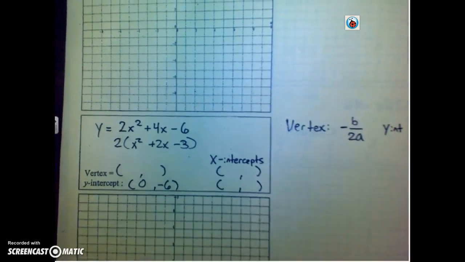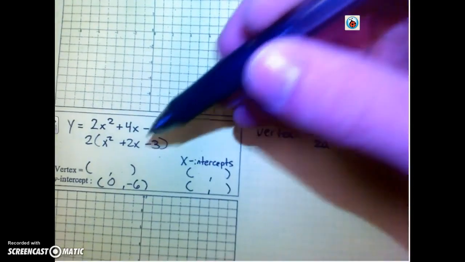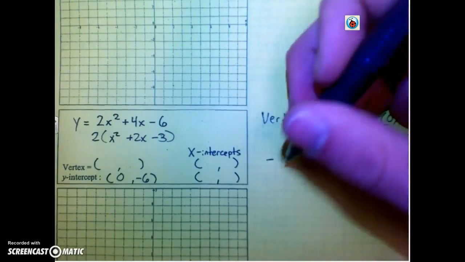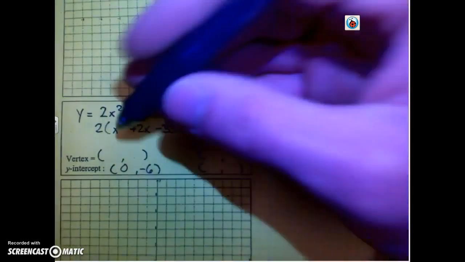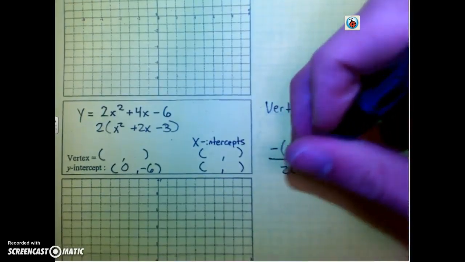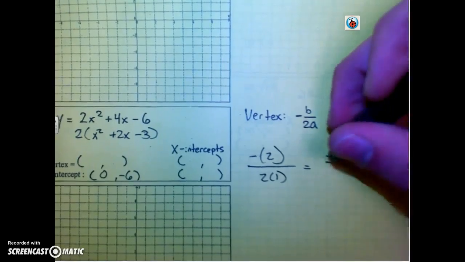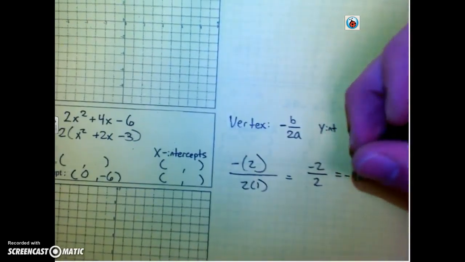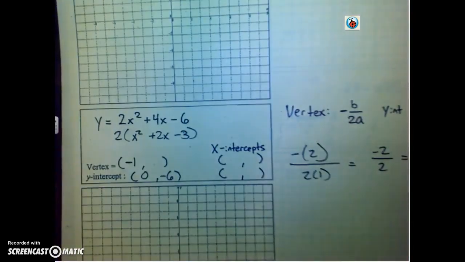So if I do that for this one, I'll use the second equation. I have a b value of 2, so I need a 2 all over top of that 2a. This will tell me that the x-coordinate for my vertex is negative 2 over 2, which is negative 1. So here for my vertex, I've got that negative 1.